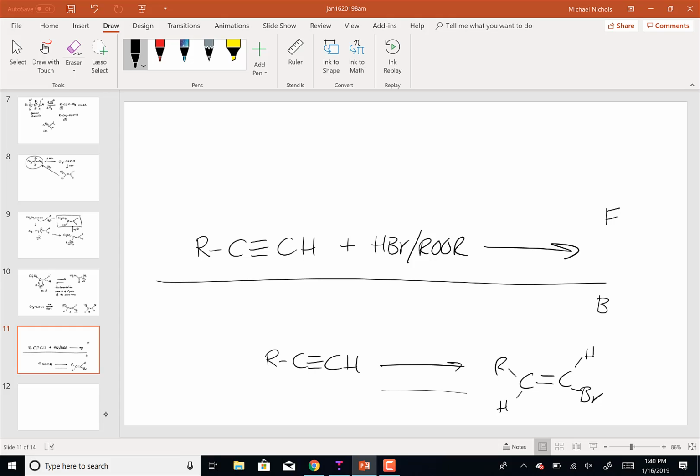If you're thinking about making a molecule, for instance, if I said, make this molecule, you'd go, okay, how do I make a vinyl bromide? Then you'd say, well, I make that from a triple bond. So you put your triple bond and you try and remember what reagent you would use.